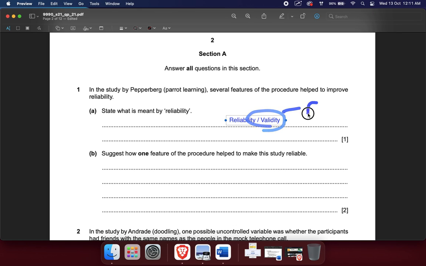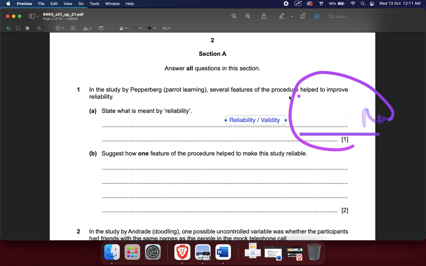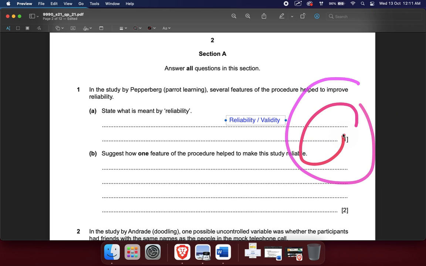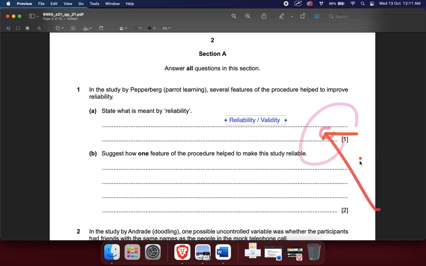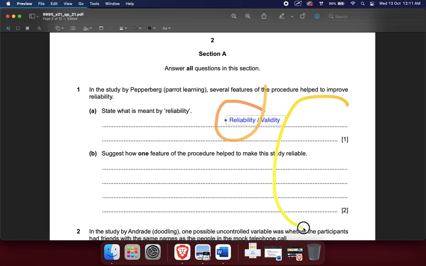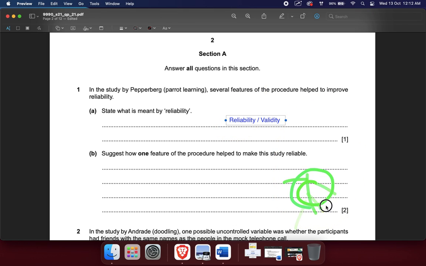Validity is about whether something is accurate. I'll just put, I can't really spell it, but accurate. Whether something accurately measures what it's supposed to measure. For example, if you have a bullseye and you hit the middle of the bullseye with an arrow, that's accurate. You hit the middle, right? Reliable is, let's say you have a bullseye and you shoot a few arrows and the arrows are all in the middle area, right?